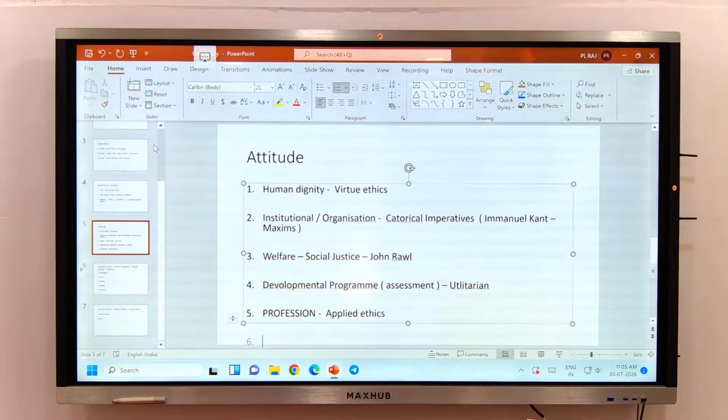Okay. First case. Randomly you go for paper 7, 2017.